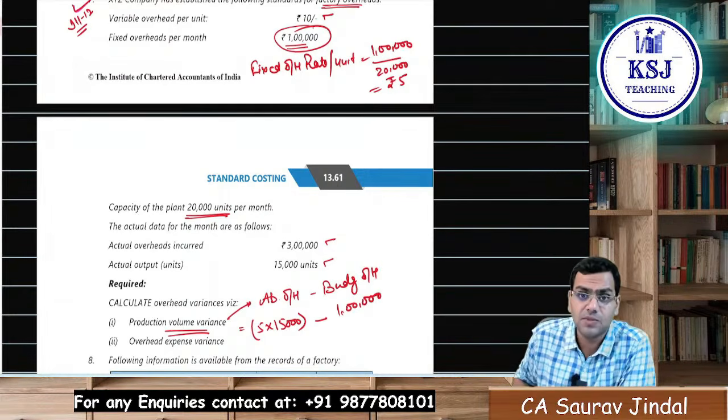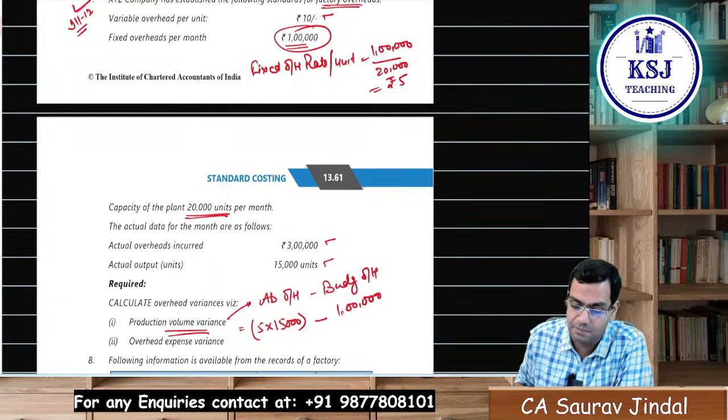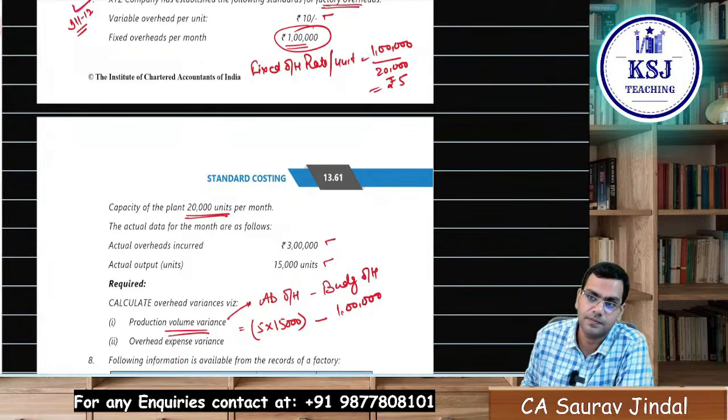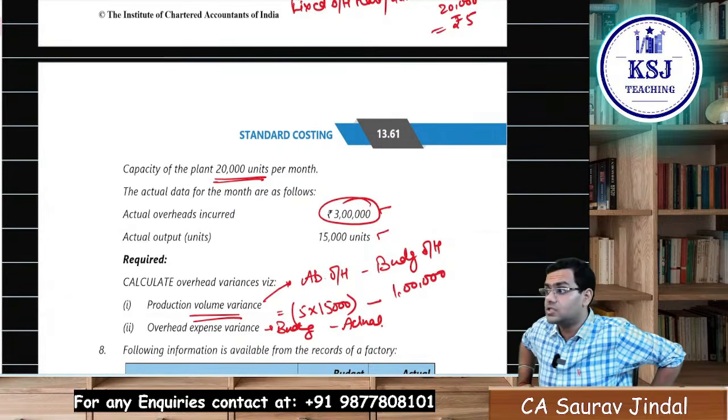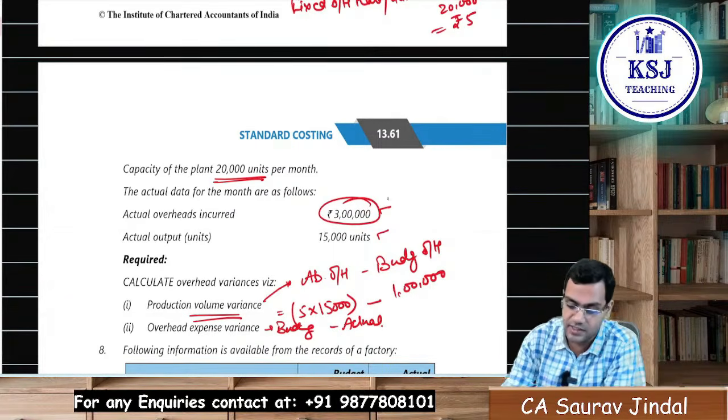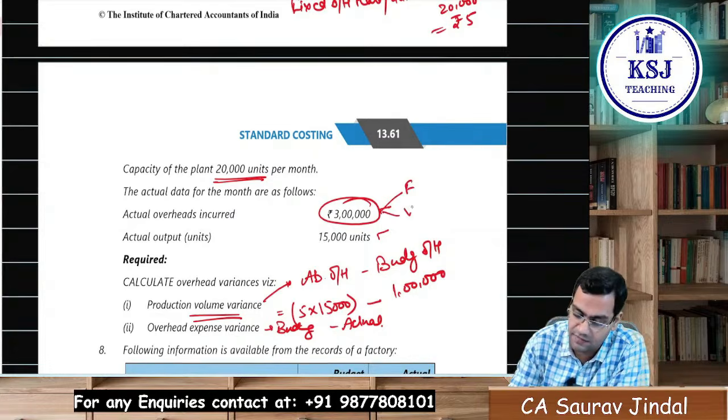What will be the expense variance? Expense will be budgeted minus actual. But again the problem is the actual overheads. When he is talking about actual overheads, he is talking about the total overheads. In this the fixed overheads will also be there and variable will be there.